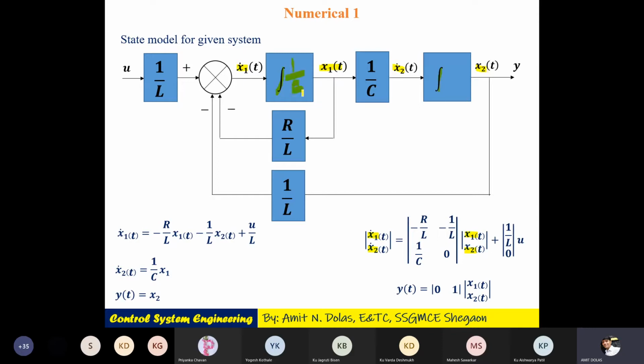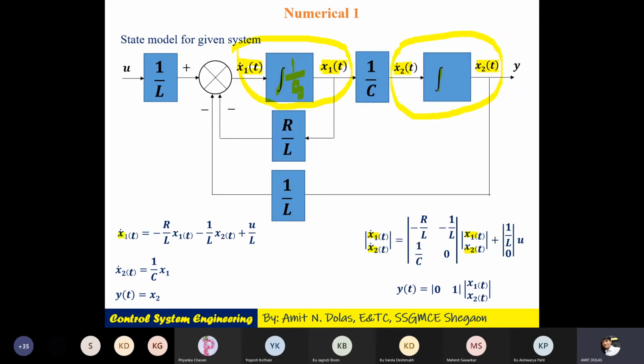If you don't use the integration sign, a 1 by s block is nothing but integration, and only an s block is nothing but derivation, that we have seen on the second slide of this lecture. So what we got: x1 dot of t, x1 of t, x2 dot of t, and x2 of t. Forget about the other elements. I will put them one by one. So I have taken out this much of the block from here to here, the rest I have not taken out. These two blocks I have taken out.